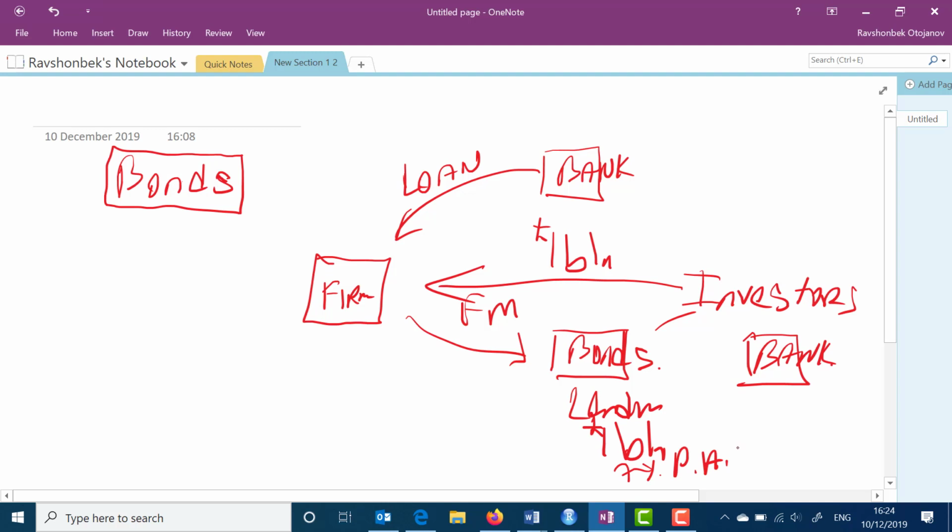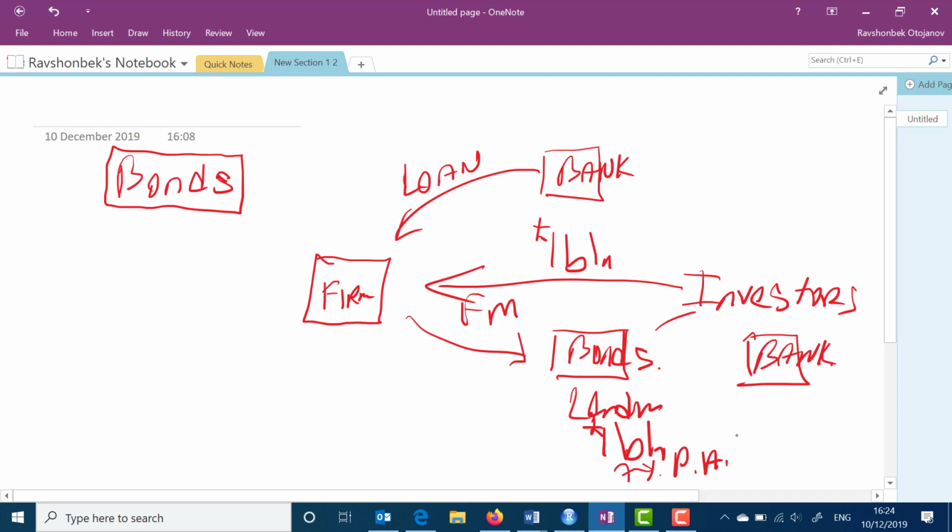It's a kind of a loan, but from investors, and an investor could be anyone. Makes sense, guys? An investor can be an individual, an institutional investor, or a bank, which is part of institutional investors.